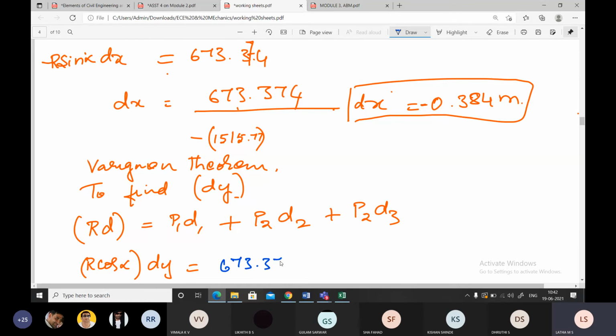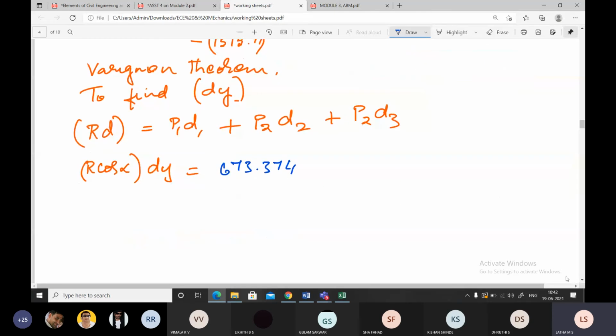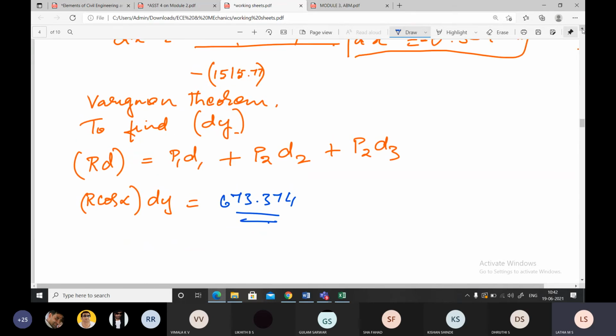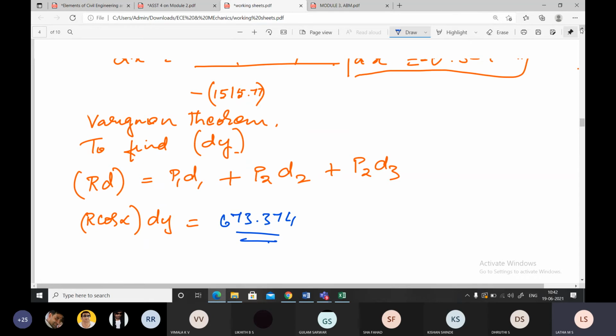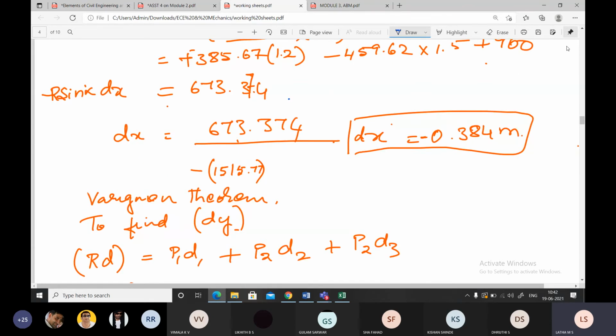Do you find any change there? You will not find any changes. Do you understand? Did you all follow? The RHS while calculating for dy will be the same as for dx. Whatever calculation you have made for dx on the RHS will be retained because the movement will not change. If I am calculating for dx or dy, the movement of forces will remain the same.